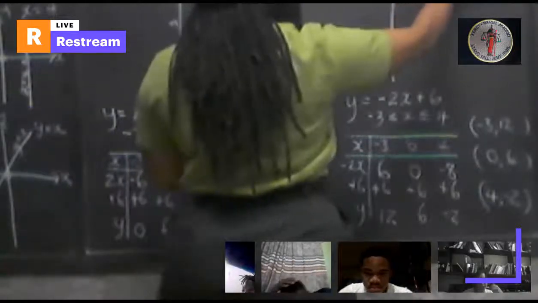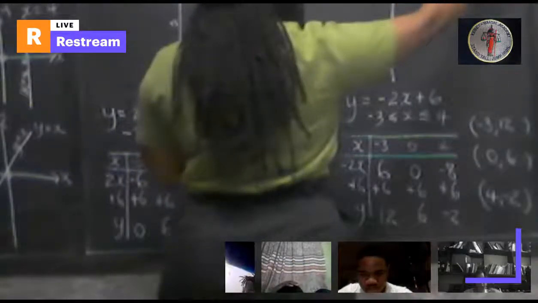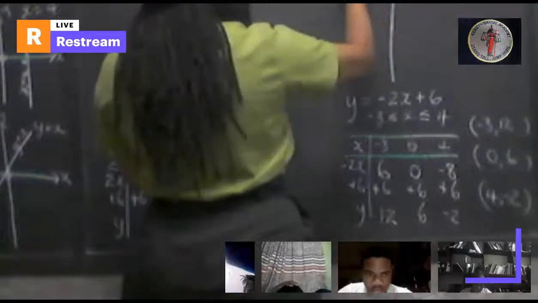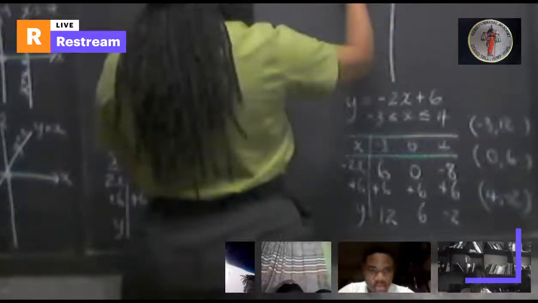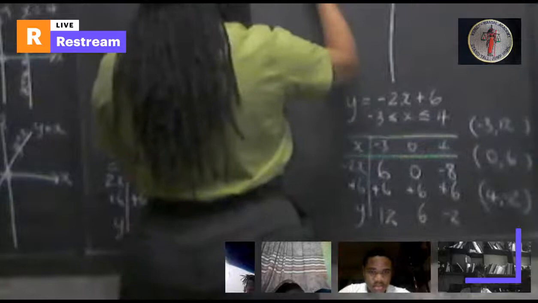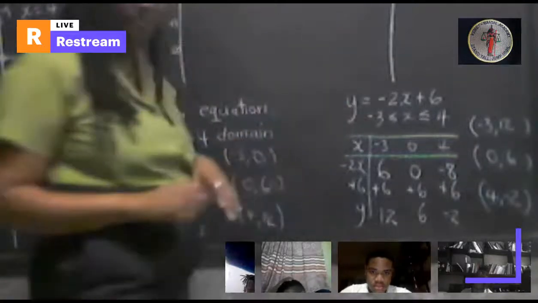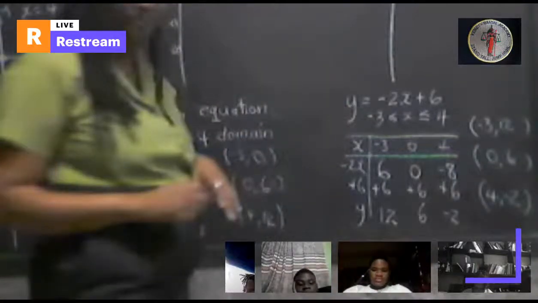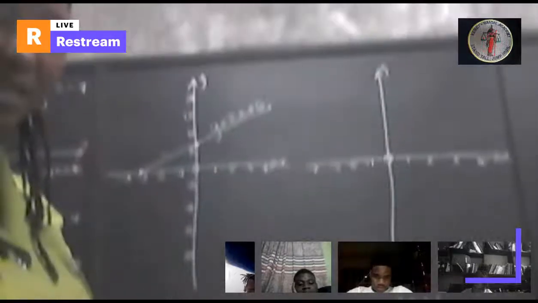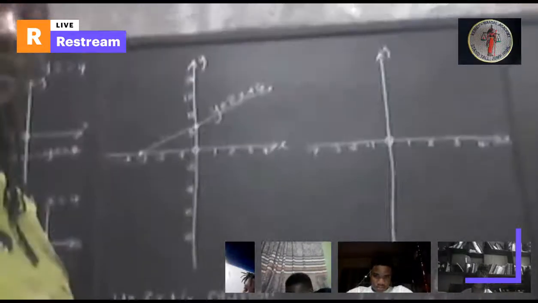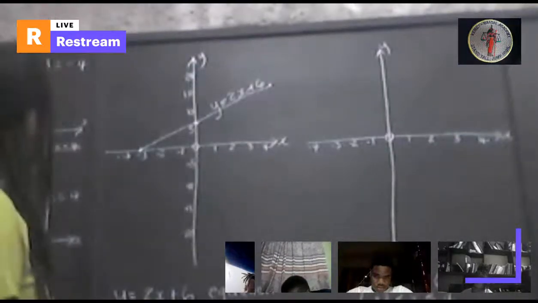X is not part of the gradient. The gradient is the coefficient of x. The gradient doesn't include x. Miss, it would be -2 then. So the gradient is -2. So for the first line, the gradient was 2. For this line, the gradient is -2.